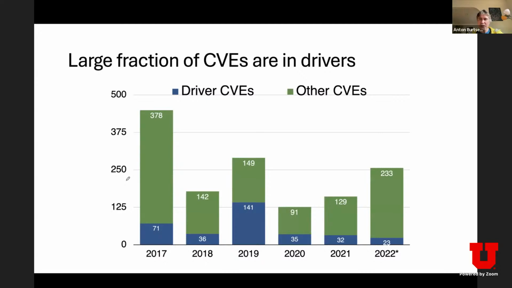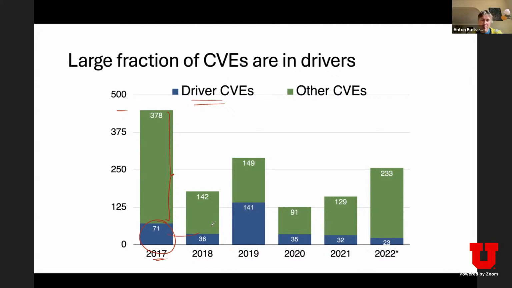Another interesting observation is that a fair fraction of vulnerabilities, or CVEs, exist in the device driver subsystem in the kernel. For example, in 2017, out of roughly 400-something vulnerabilities, 378 were in the kernel, but 71 were in the drivers, so essentially in different device drivers.